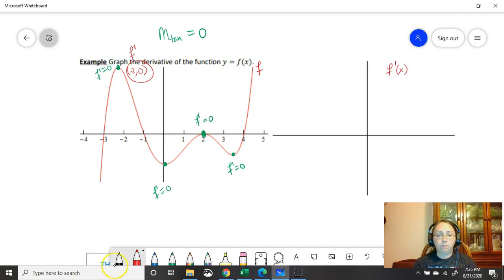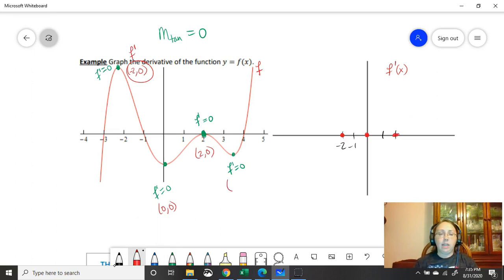X is -2, and the derivative is 0. So we put a point at 0. Let's go to the next point. So next point, x is 0, and the derivative is 0. So we put a point at 0, 0 for the derivative's graph. Then at x is 2, our derivative is, again, 0. So we go to +2, and we put a 0.